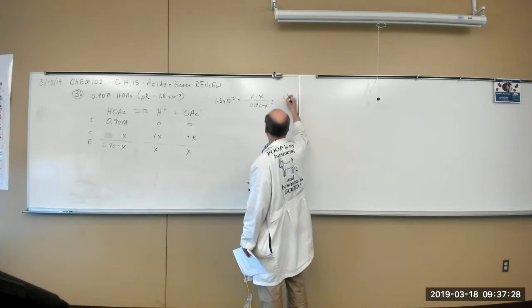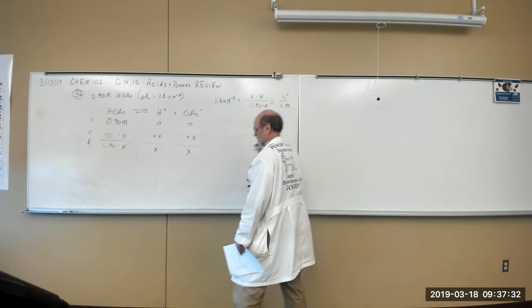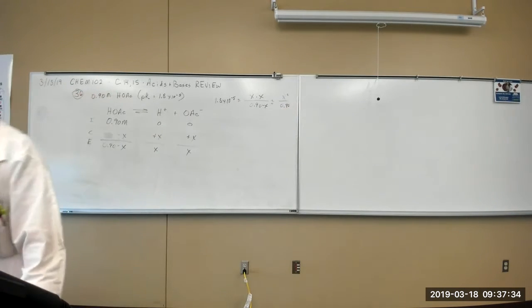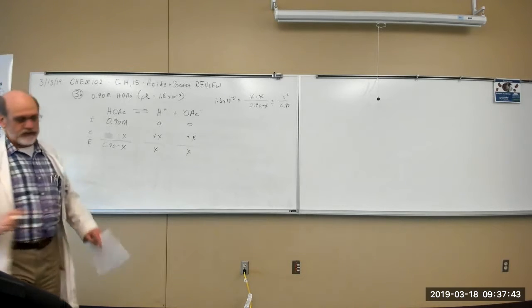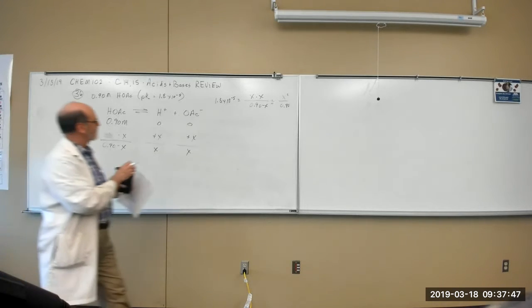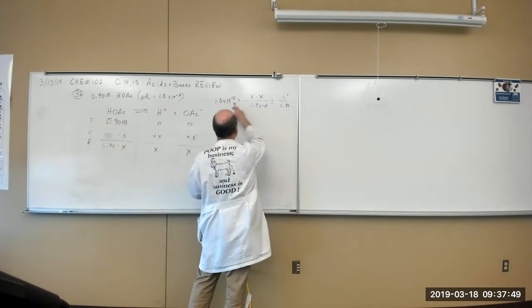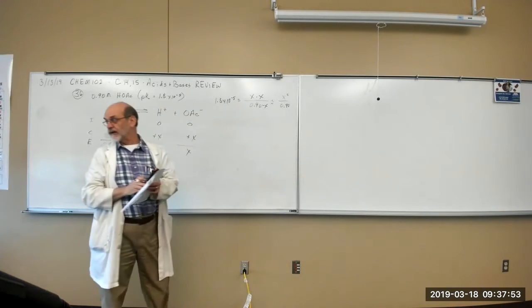So we're going to say x squared over 0.9. And then solve it for x, so I'm going to say that one times that one, and then take the square root of it. Right?